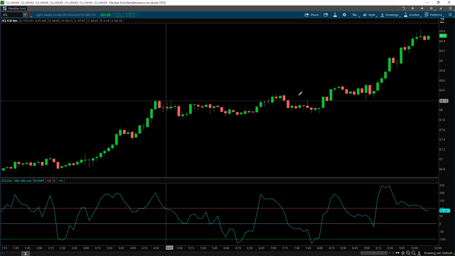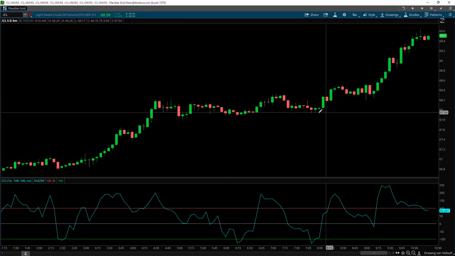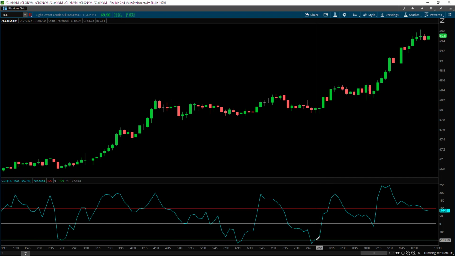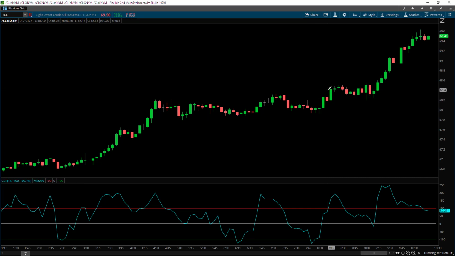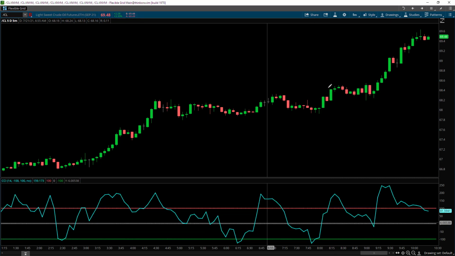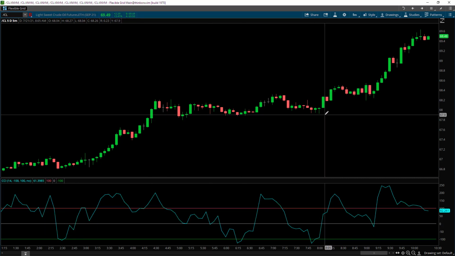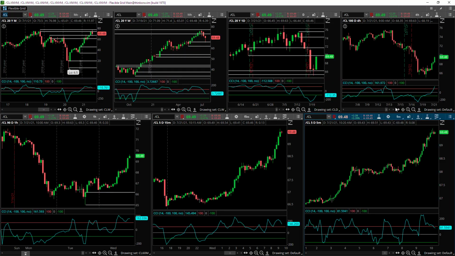Here it's ranging, and when the market comes down to the bottom of the range, we get CCI going from -100 to above -100, and the market moving up. You see how this is how you use it in a sideways market. Again, it works on any time frame, and this was a 5-minute chart.